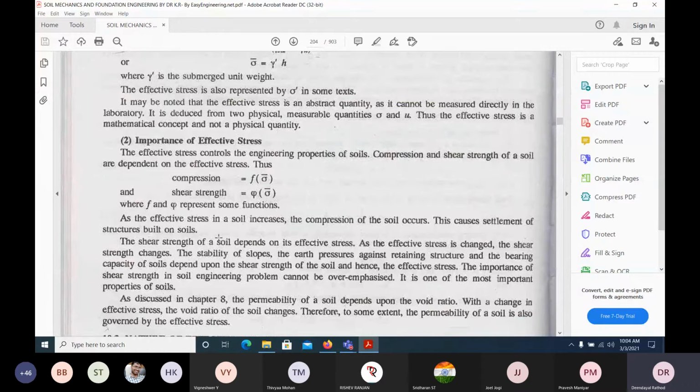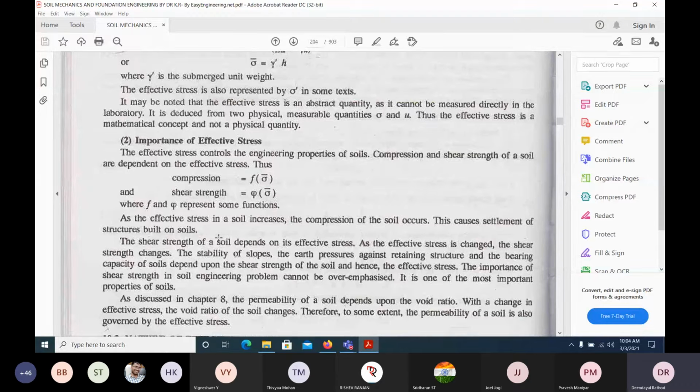So there should not be any water actually. If water comes, again the problem comes for us, okay. Even for the construction of a foundation in the seashore, offshore structures, or across the rivers. When you work in a dam, seepage takes place, and this water reduces our shear strength and all.